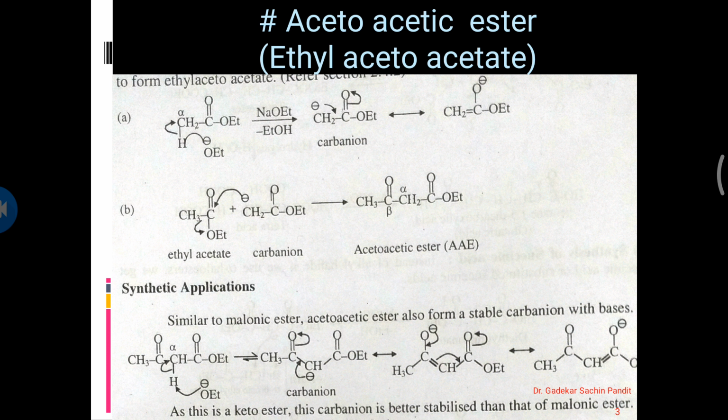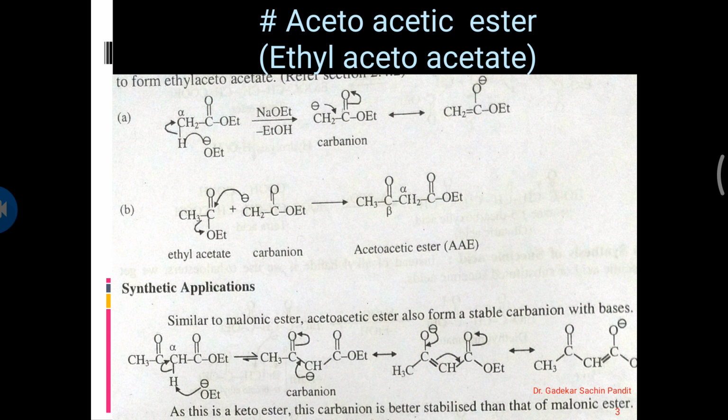Synthetic application. This acetoacetic ester has two alpha hydrogen atoms, and it reacts with sodium ethoxide to form a carbanion, and this carbanion is stabilized through resonance.